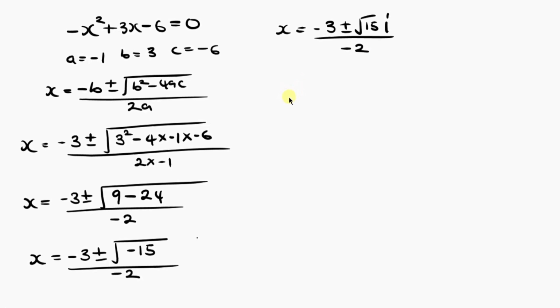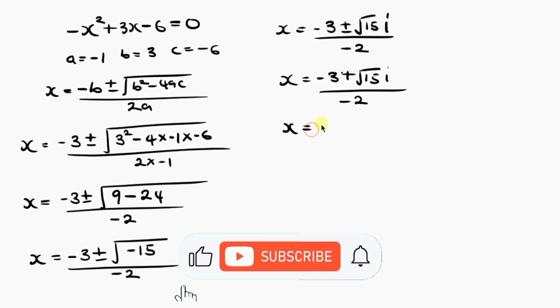So now let's separate. We have s to be equal to negative 3 plus or minus. No, we are separating. Let's use the plus first. Plus root 15 i over negative 2. So this can be written as s equal to negative 3 over negative 2.